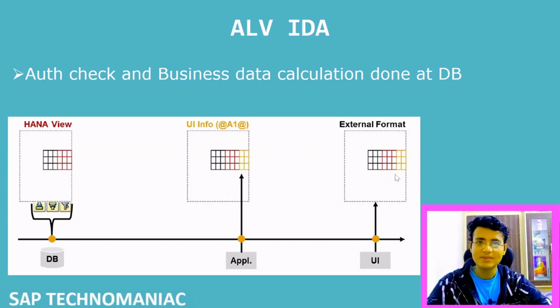The advantage is that we filter out the data and send only what we actually need to display at the UI or front end. If I page down to the next page, the data is fetched from the database itself. If I do filtering or sorting, everything is performed at the database, and the next data comes directly from the database instead of the application server.